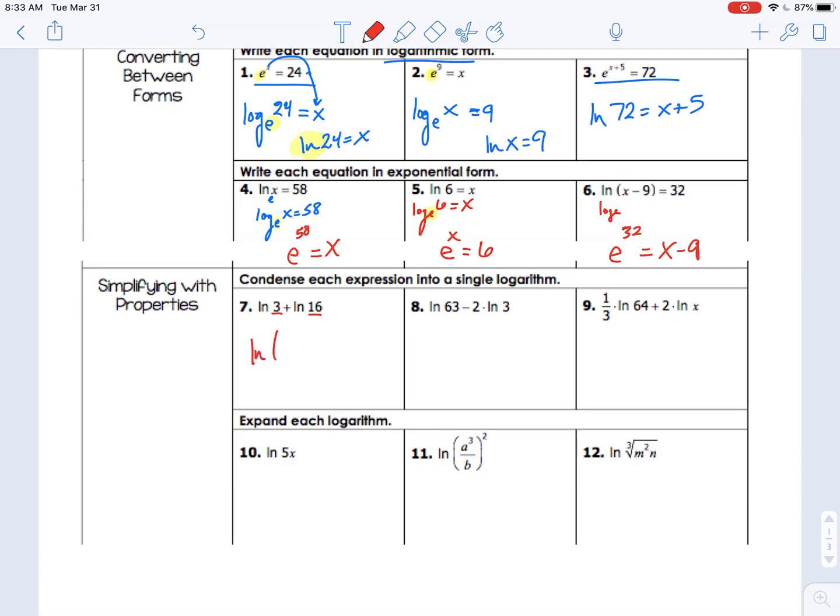What operation goes with adding here? That would be multiplication, so natural log of 3 times 16, or the natural log of 48.